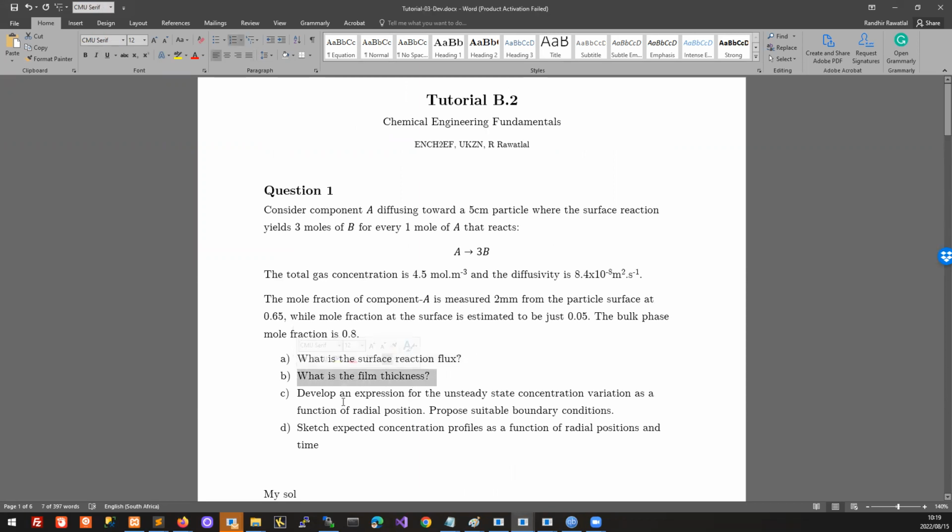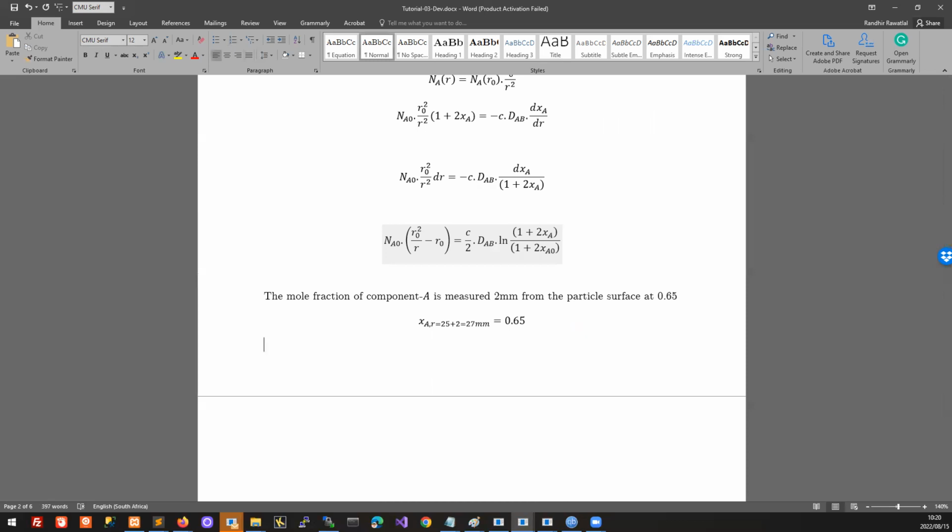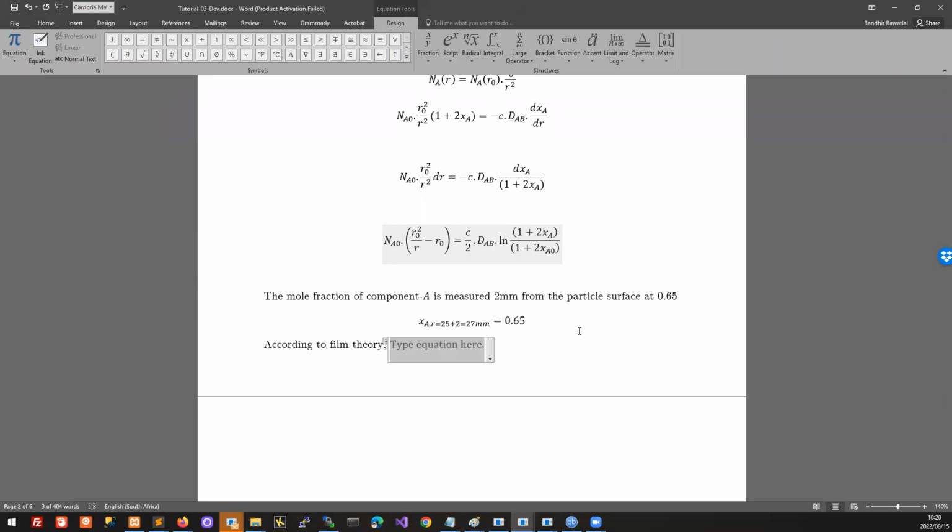And then we are asked, what's the film thickness? If you recall what we said last time when we did film theory, according to film theory, your film thickness, which we defined to be delta, is defined such that your XA at the film, so at R equals R naught plus delta, in the context of this problem, is our mole fraction at the film, and that's going to be 99% of the bulk value.